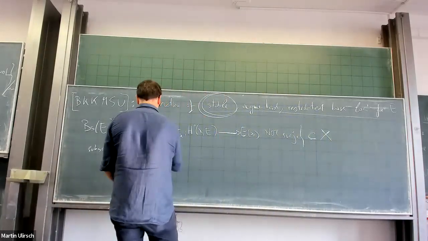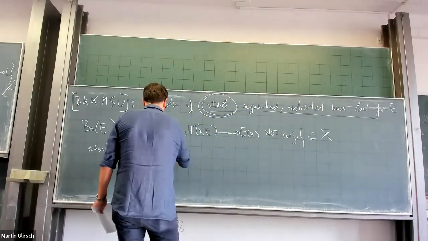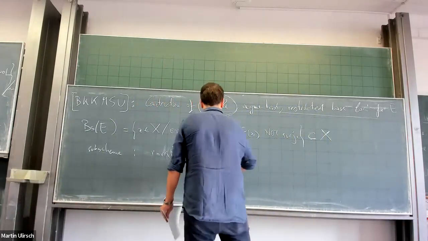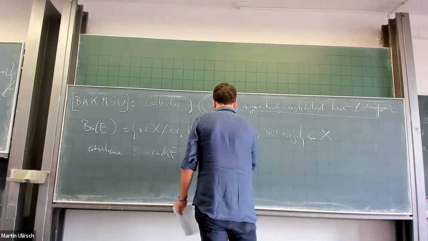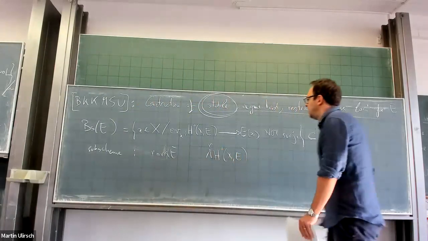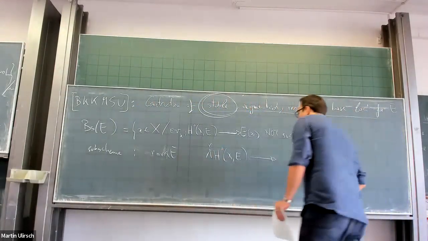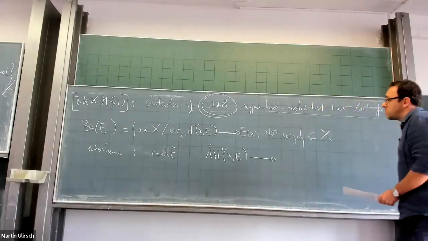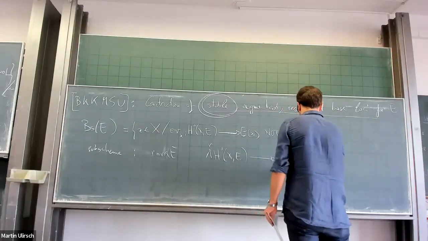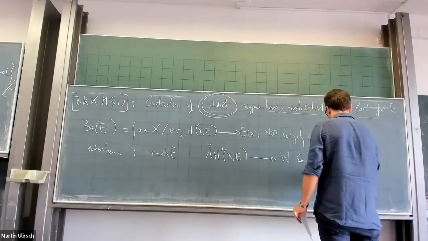If r is the rank of the vector bundle E, we can construct the linear map from the r-th exterior product of the finite dimensional vector space of global sections of E to the global sections of the determinant of the vector bundle. So it has as image a subspace of global sections of the determinant.